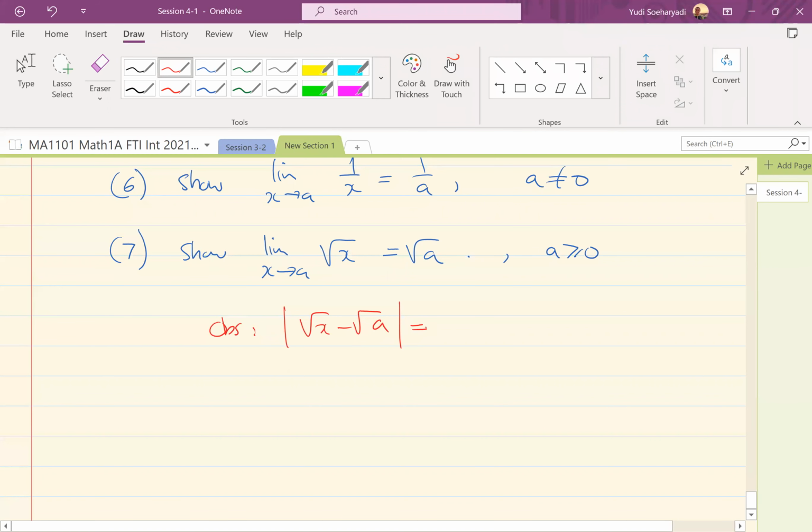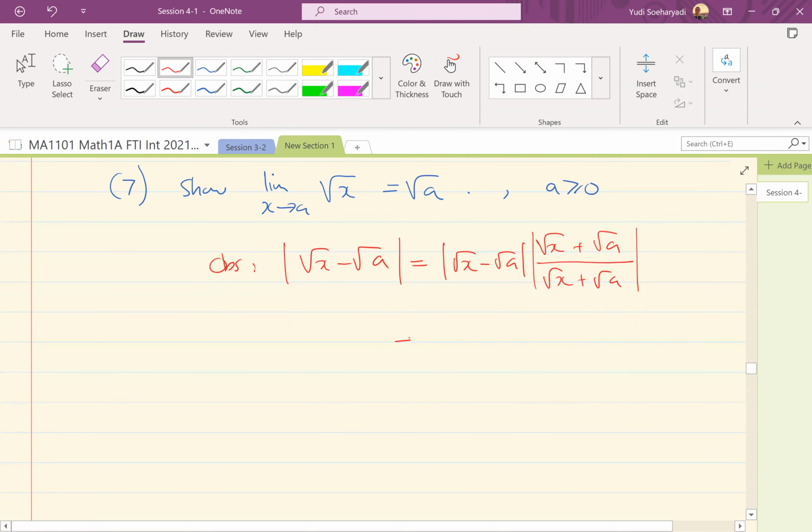All right, so how to deal with this is to try to get rid of the square root. So how to get rid of the square root? Basically you multiply by 1, using the conjugate, the plus version.